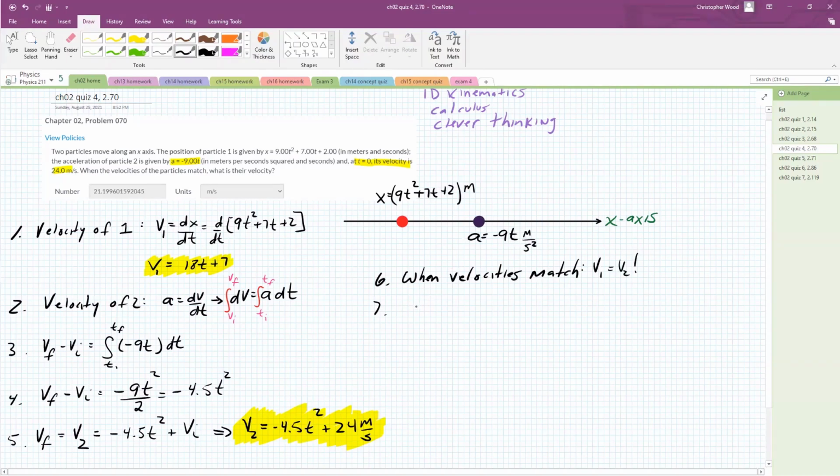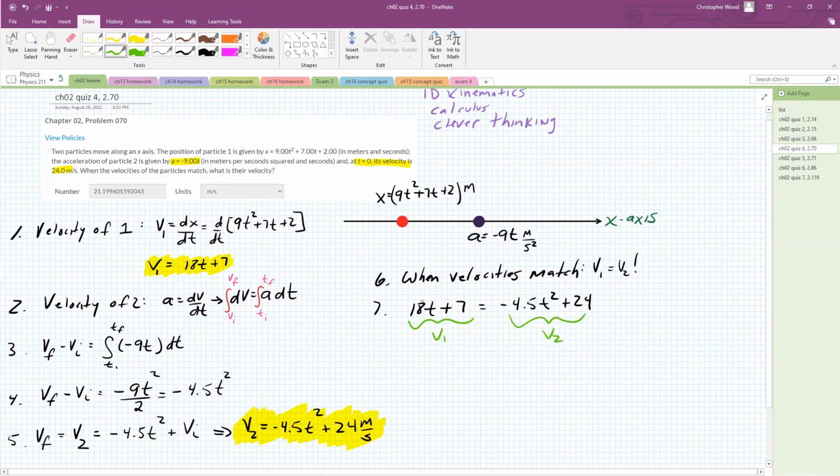So here's V1. My velocity function for particle 1 is 18t plus 7. Here's velocity 2. Negative 4.5 t squared plus 24. Is that right? Yeah. Okay, I think so. So once again, just for the sake of double checking, this is V1 must equal V2.